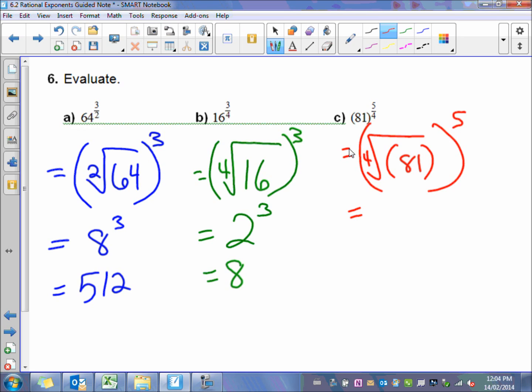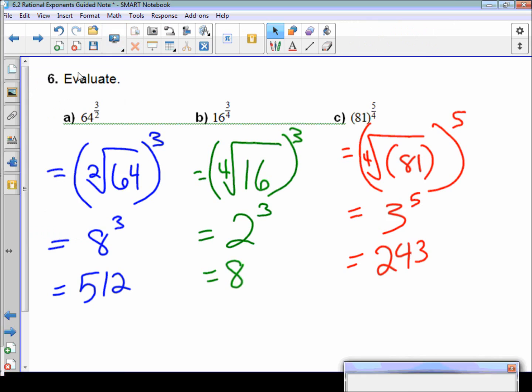I'm on 6C. So this is 3 to the 5th, and then 3 to the 5th is 243.